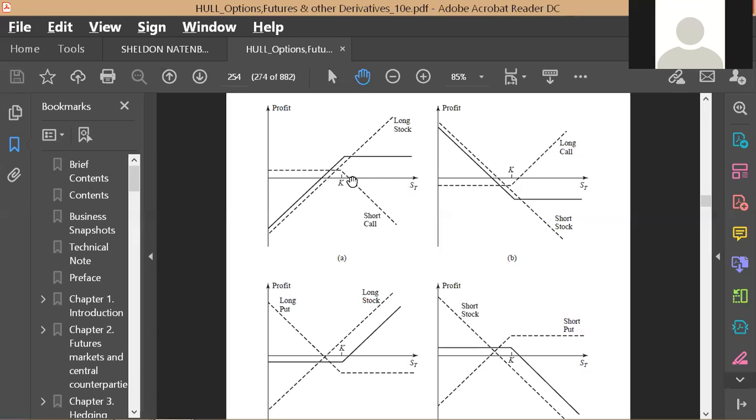You need a position which will cancel out this part, because you need a constant profit above K. So the second position has to be something that will cancel out this part and give you a constant profit above K.